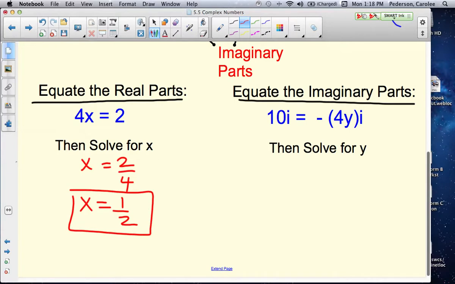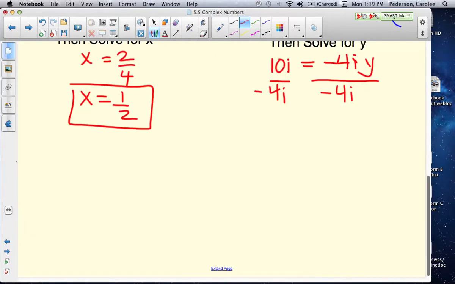Then over here, you want to solve for y. So right now I have 10i equals negative 4i y. What I need to remove is the negative 4i. So I divide both sides by negative 4i and negative 4i. And then I reduce that.